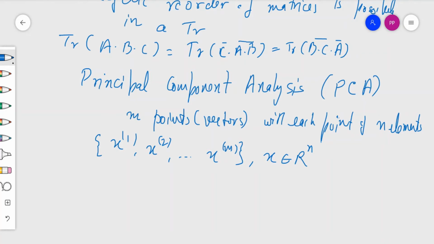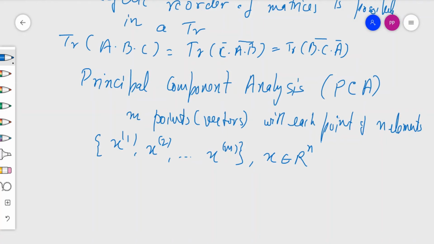Now in the algorithm we have one very prime objective, that we want to compress these points to lower dimensions to save memory at the cost of precision. So this n-element vector we want to compress into vectors of smaller length.